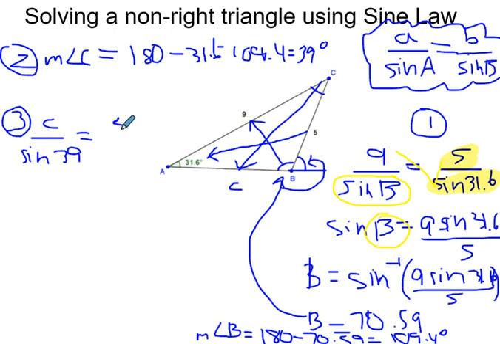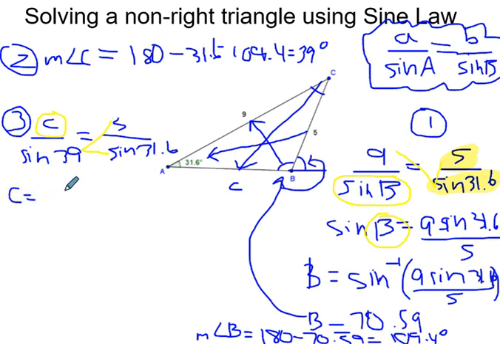So 5 over sine of 31.6. So again, the way to show your work, so we're looking for C here. So we're going to do 5 times sine of 39 divided by sine of 31.6. So you just have to show your work like this.